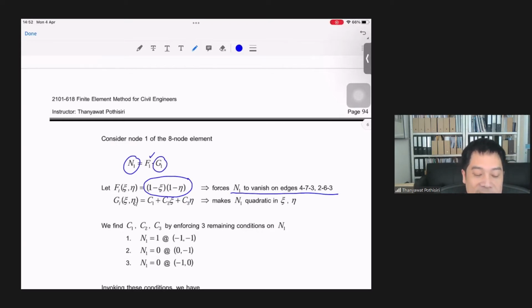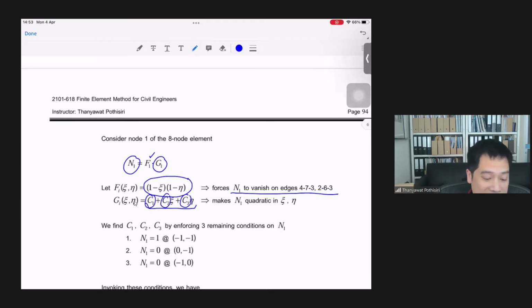This is the part where you need to have the correct order of polynomials for N1, and N1 should be in quadratic form. So you need to have this form of function g, and based on this form, you want to solve for these coefficients C1, C2, and C3.